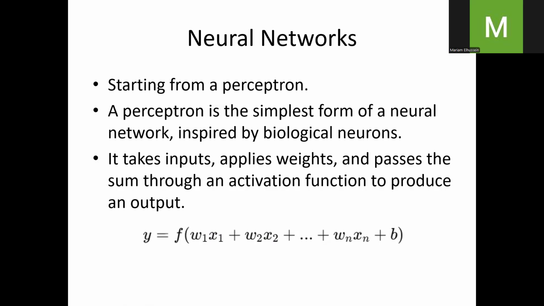If you notice the equation, you'll see that the output y equals f, where f is the activation function, and inside f we pass W1 X1, where W1 is the weight that the neuron assigns to X1, plus W2 X2, where W2 is the weight and X2 is the variable or input.